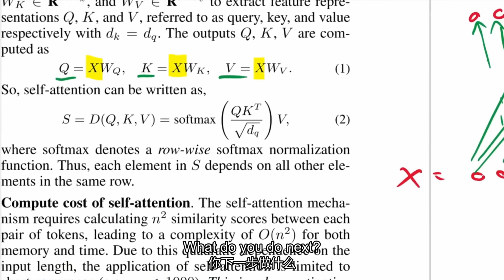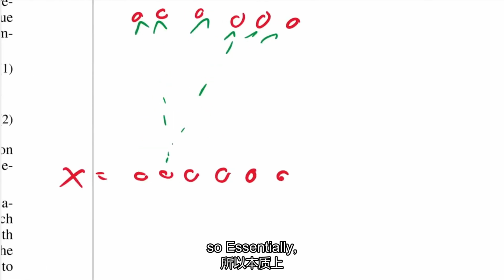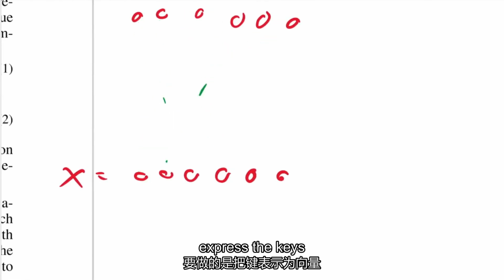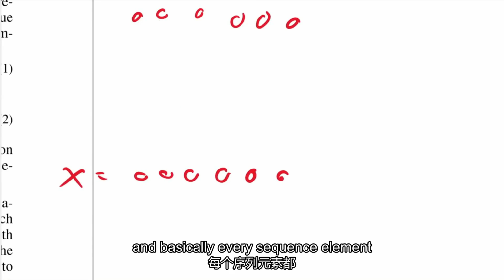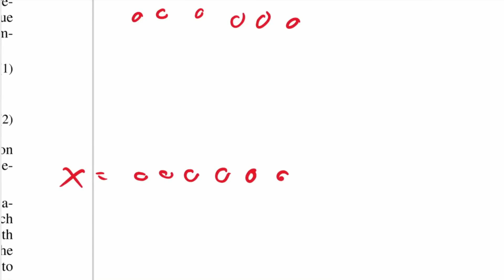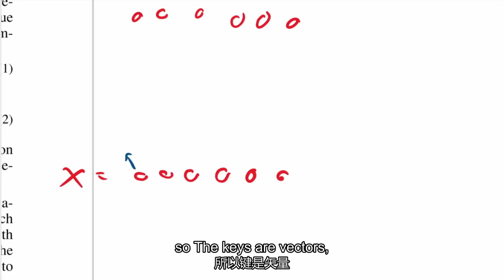What you do next is, this is the crucial operation. You multiply the queries by the keys. So essentially what you do is you express the keys as vectors, and basically every sequence element is advertising what it has to offer. So the keys are vectors, something like this.